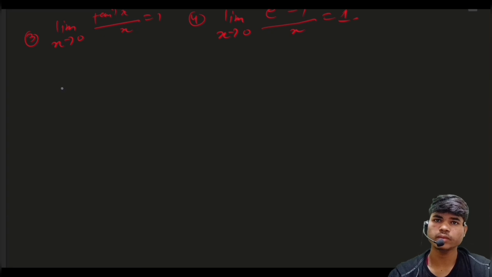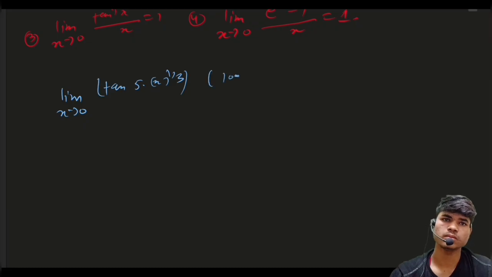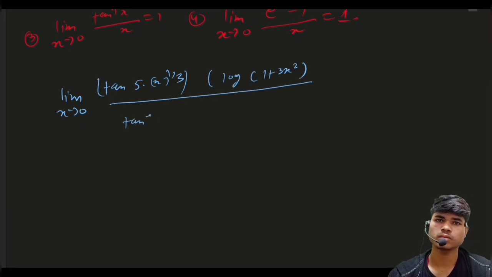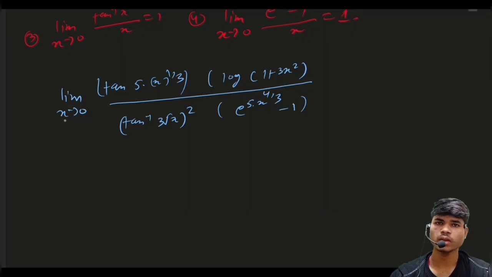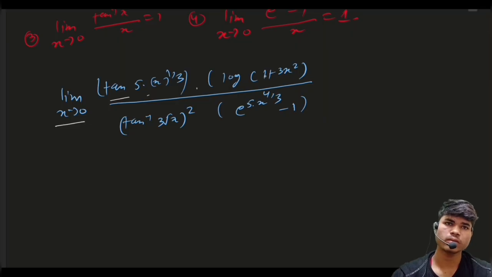So we have limit x tends to 0 tan of 5 into x to the power 1 by 3 into log 1 plus 3x square, all divided by tan inverse of 3 root x whole square into e to the power 5 into x to the power 4 by 3 minus 1.